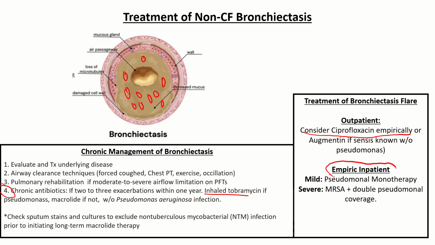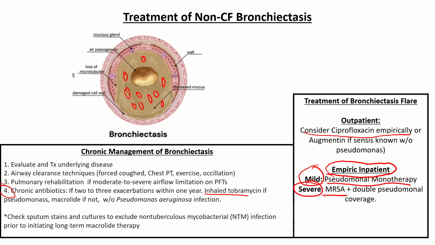Empiric inpatient management. So remember, Pseudomonas is the most common. If they have a mild bronchiectasis exacerbation, you can think about pseudomonal monotherapy, but if it's getting more moderate to severe, you want to cover your bases.